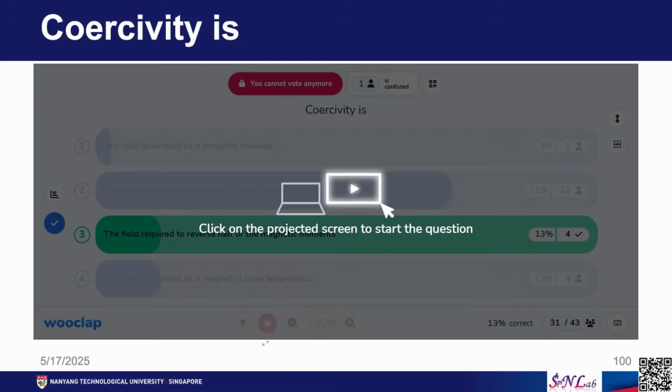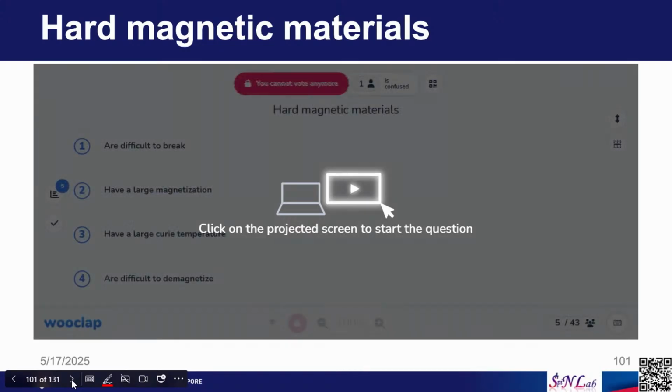This one we have done before. Okay, we will do this. Oh, what is showing? It's showing some code.